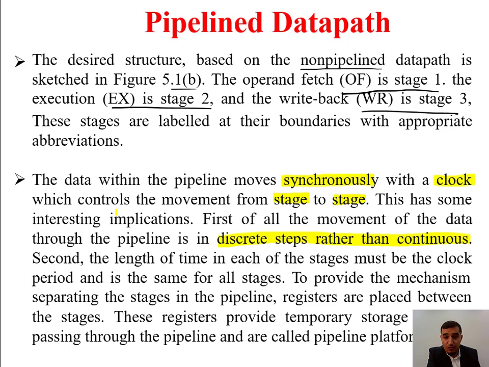So all the data is moving with the clock, so everything is moving discretely. The length of time for each stage, the clock period, must be the same for all stages. Since we have only one clock for a computer, the length for all stages should be the same, and it is the longest within the pipeline. So to provide the mechanism separating the stages in the pipeline, registers are placed between these stages.